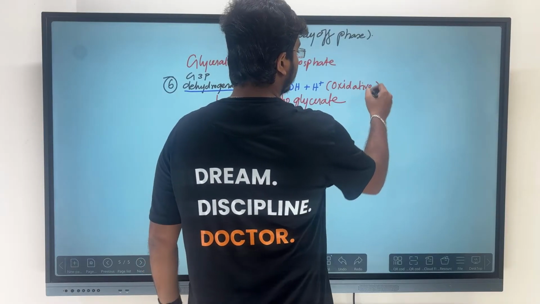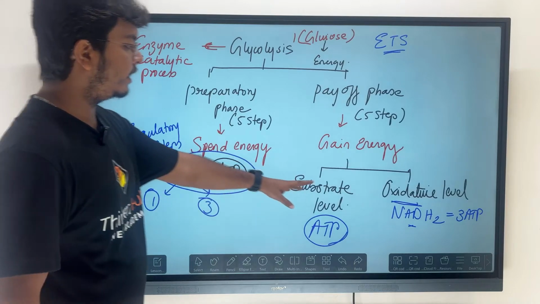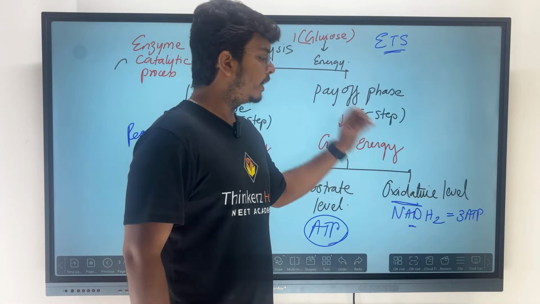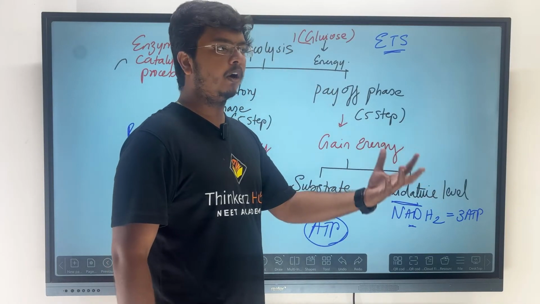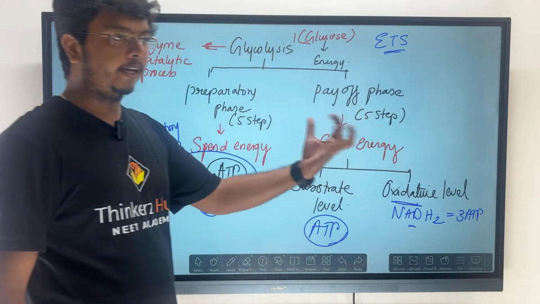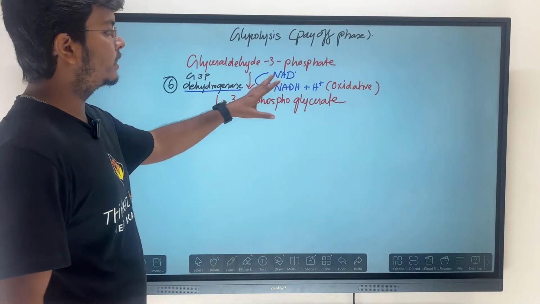That means you need to oxidize it in later phases. So here we gain oxidative level NADH2. Each NADH will carry 3 ATP, but you will not get it right now, and you need another step to extract ATP from that NADH. So that is the first point here.